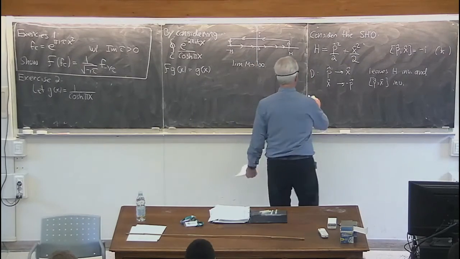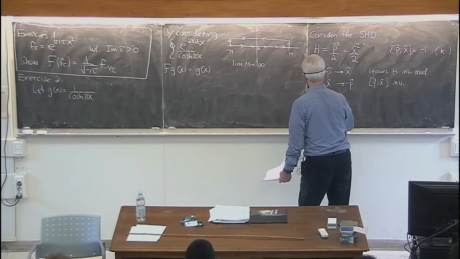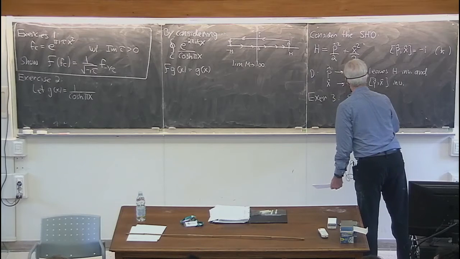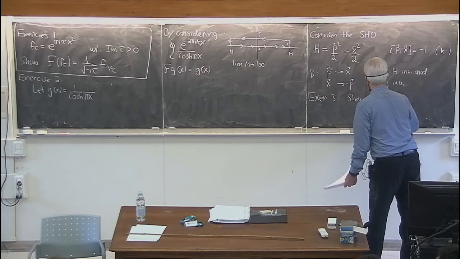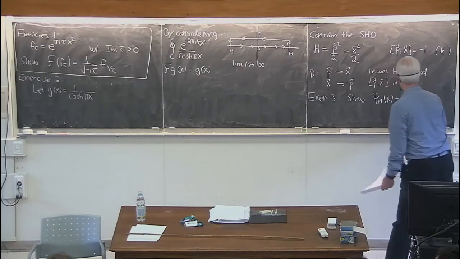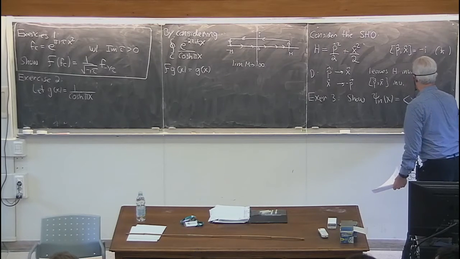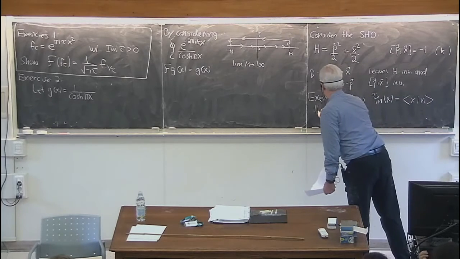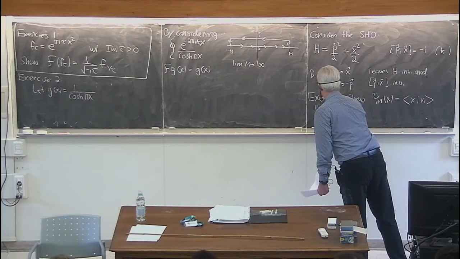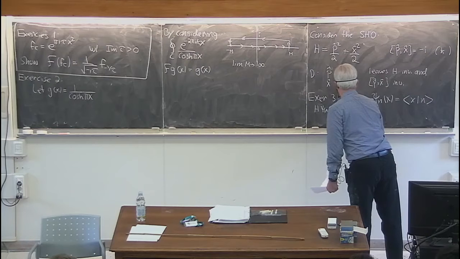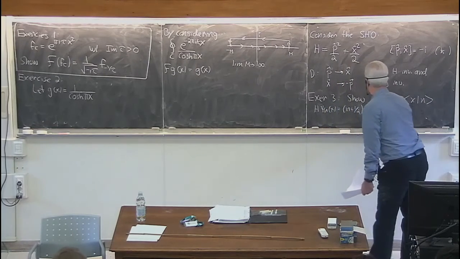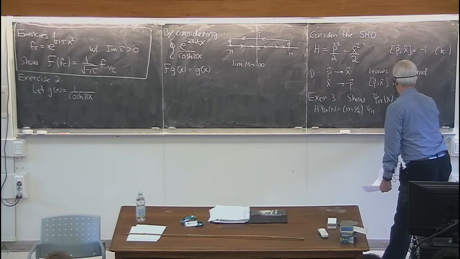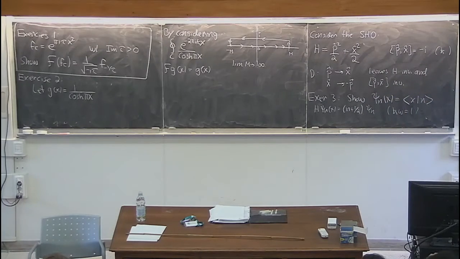And so if you want, you could consider the following exercise 3. Let's consider the coordinate space eigenfunctions of the simple harmonic oscillator, that is, eigenfunctions such that H on these gives us n plus a half psi n. Again, here I've taken h bar omega to be 1 in some units.